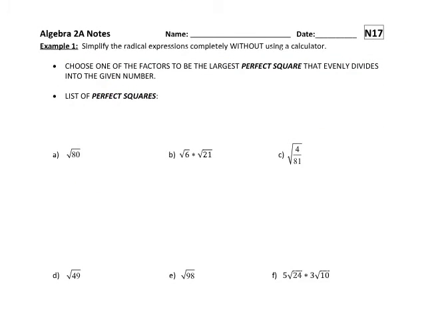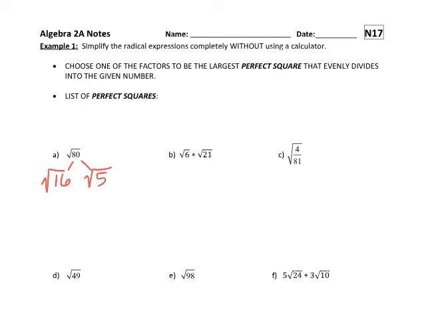And I'm going to do a couple of these examples and then leave a few for you guys to do. So thinking of numbers that multiply to 80 in problem A here, it looks like we can find 16 and 5. So the idea is to find some numbers, factors of the number underneath the radical symbol that are perfect squares.